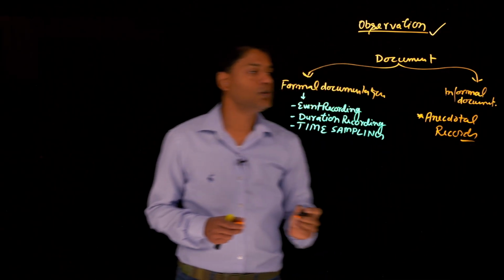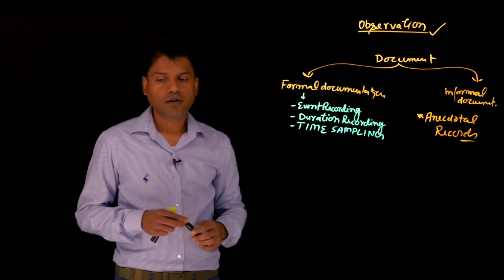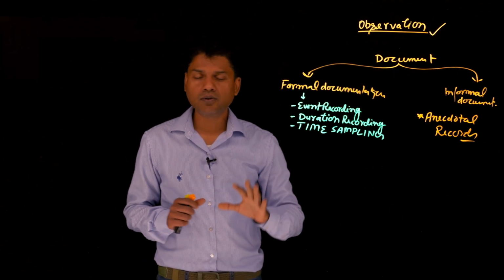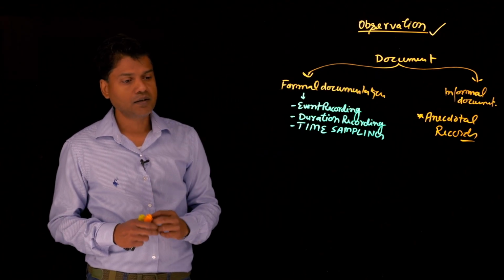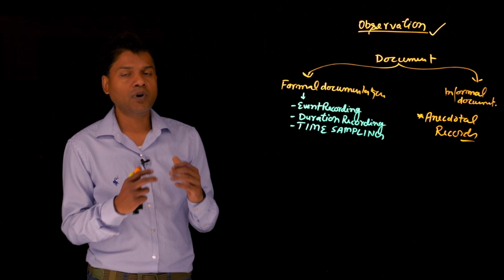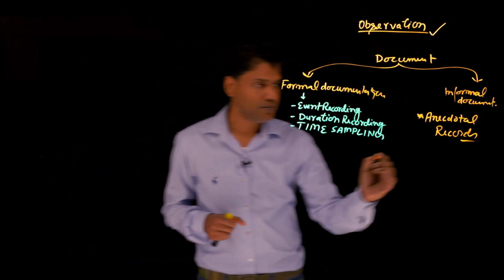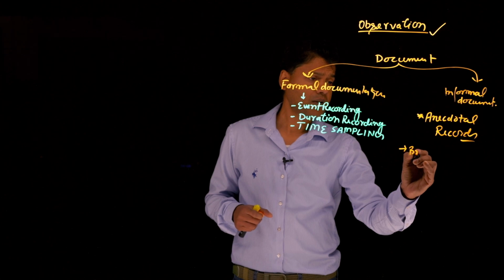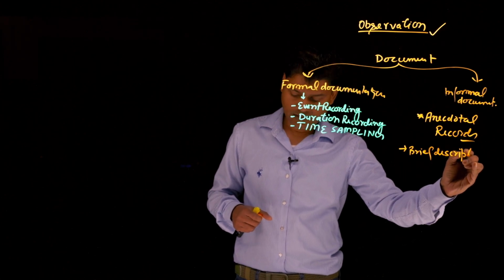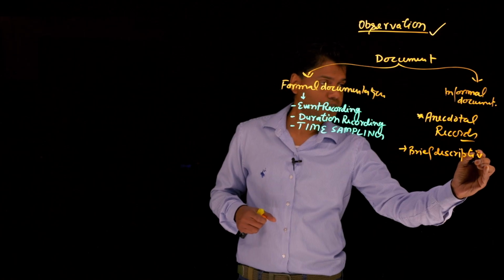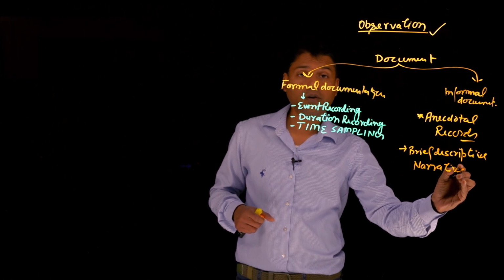So what is anecdotal records? As it is an informal documentation of any observation, there is no specific structure. You simply observe, and whatever you notice, you write in a kind of brief descriptive narrative of what you observed.